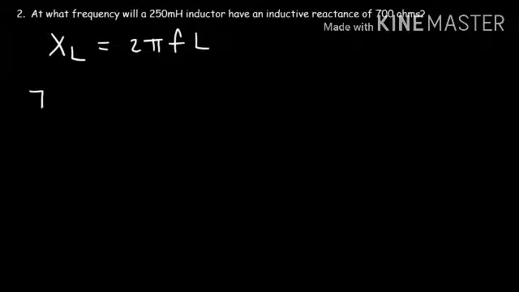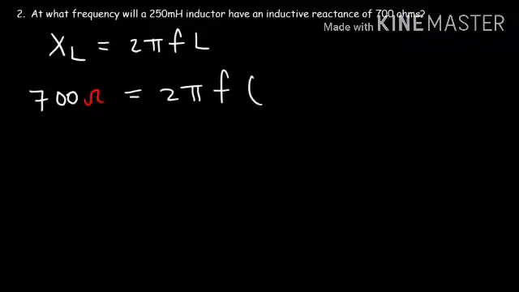The inductive reactance has unit ohms, so it's 700 ohms. We're looking for F, the frequency. And L is the inductance of the inductor, which is measured in henries, or in this case millihenries. So 250 millihenries is basically 0.25 henries. You got to divide it by 1,000 to convert millihenries to henries.